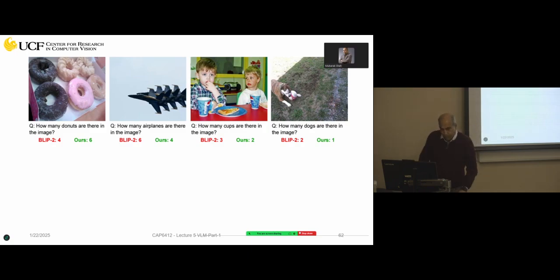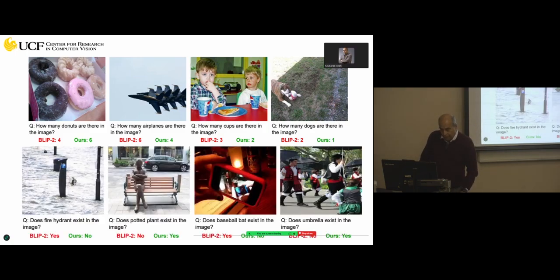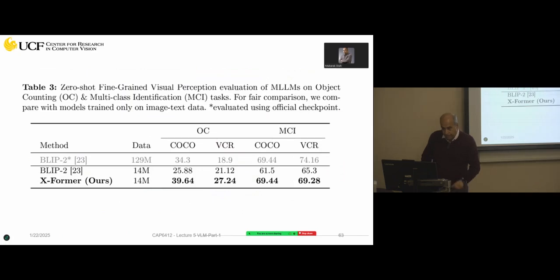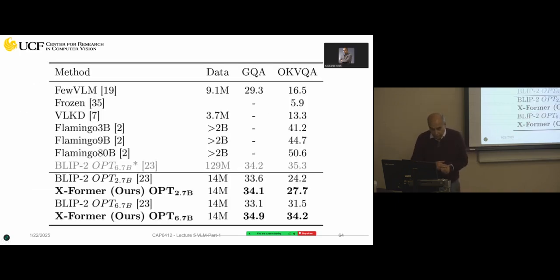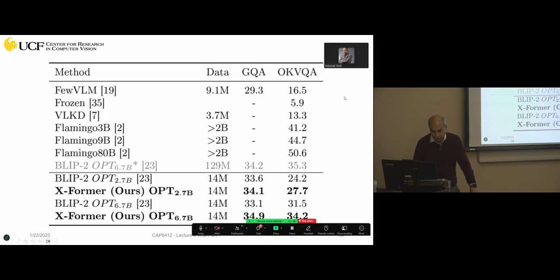And then it made a difference in this dataset, 25, 39, 21, 27, and so on. And also you can compare with GQA, and on this dataset it also made a difference.